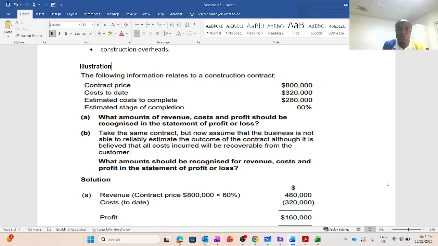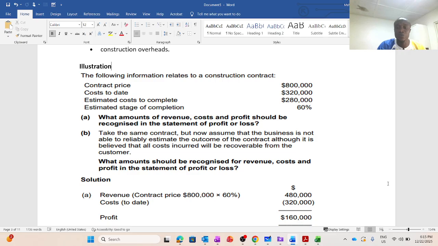The $320,000 is the cost to date. It means the 60% implementation, this is the cost. Therefore, out of the total contract price, we need to recognize revenue only on the percentage of completion, which is 60%. So the profit is 160.